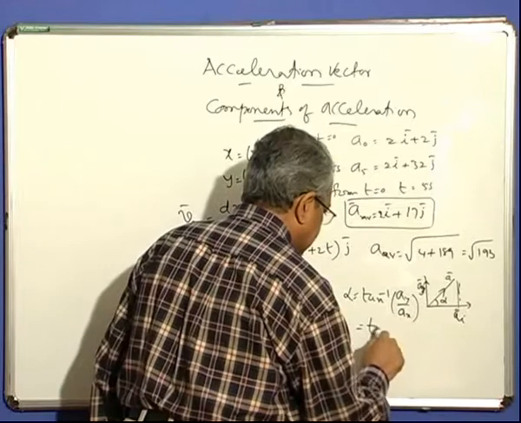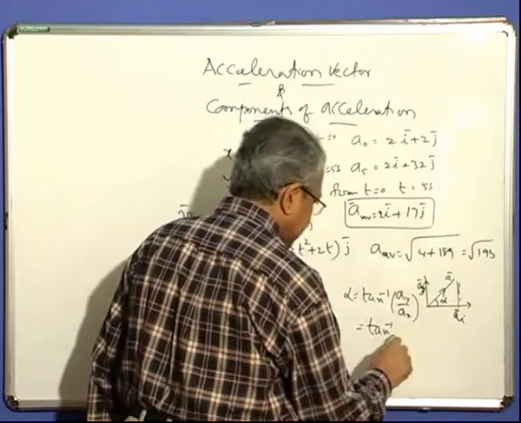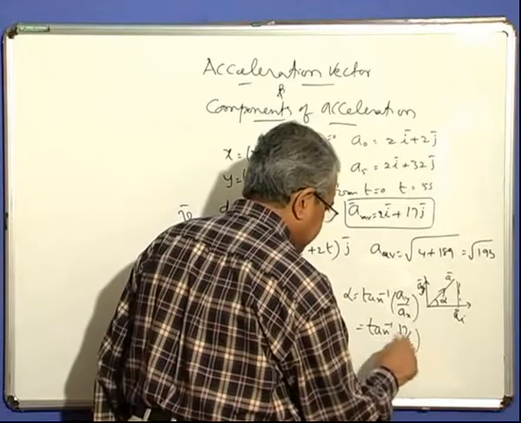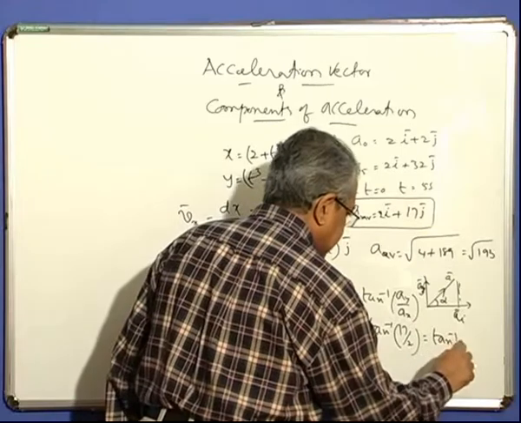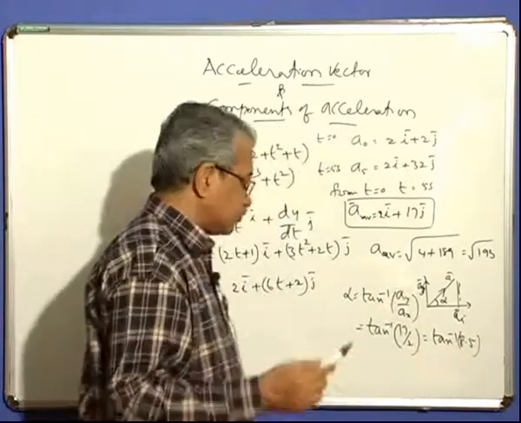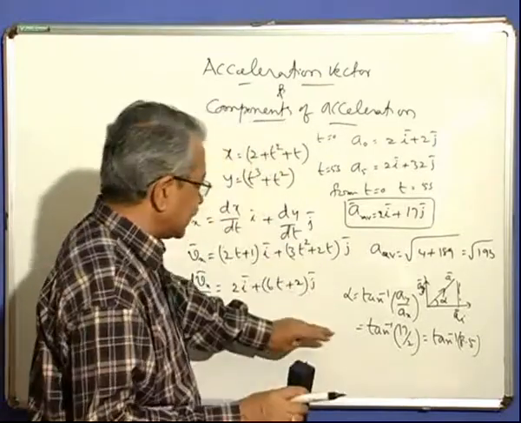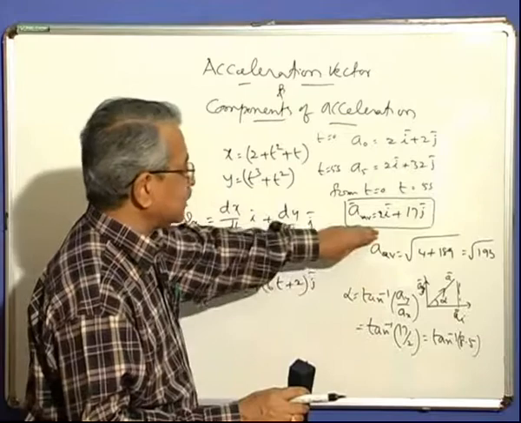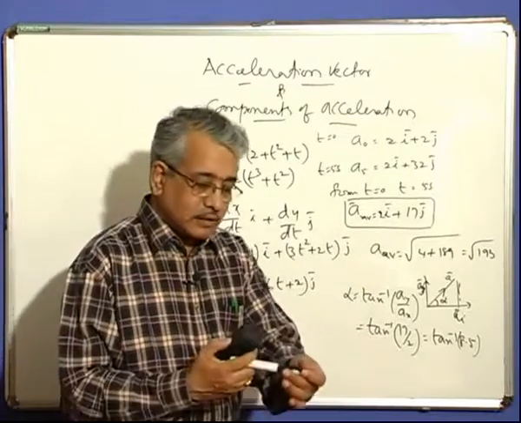That means tan inverse of 17 by 2, which is tan inverse 8.5. You can find the value from the tables. So like that we will be able to get the magnitude and direction once you know the vector components separately. You can attempt such problems. That is one aspect of it.